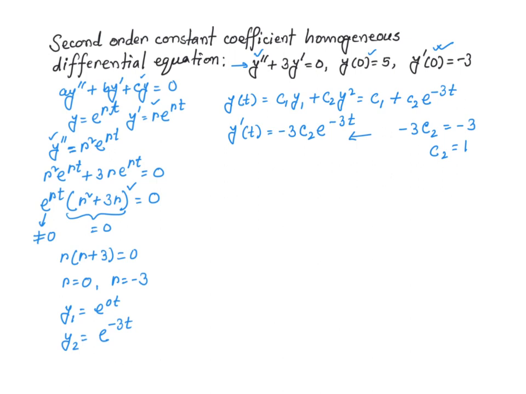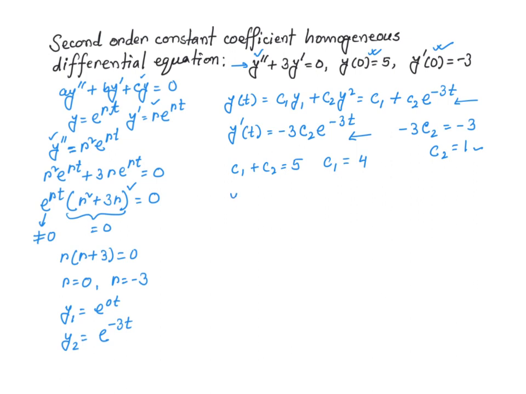Then what is my c1? To find c1, I have to just take this equation, and y of 0 is equal to 5. So c1 plus c2 is equal to 5. That gives me c1 is equal to 4 because c2 is equal to 1.